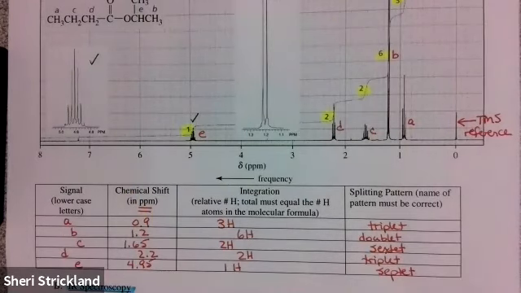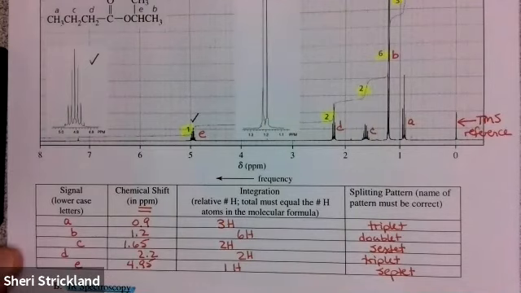Okay, so the great thing about doing an analysis table is you get all the information right where you can see it. And if you didn't already have a structure, this would help you to piece together what carbons were next to what other carbons and how many hydrogens each one of them had attached.